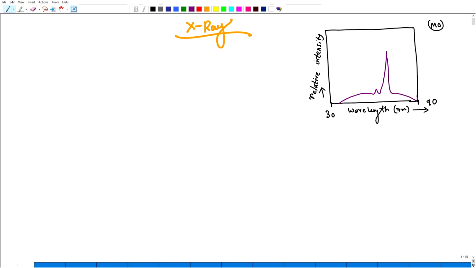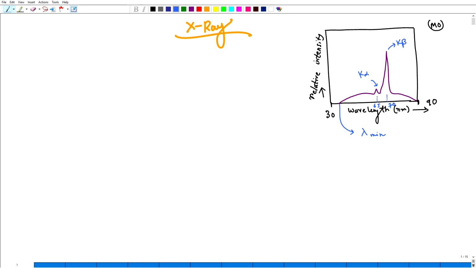This is called the K alpha peak, this is the K beta peak, around 63 to 65, and this peak around 70 nanometers. And this value is the lambda min. So this is our total X-ray spectrum.